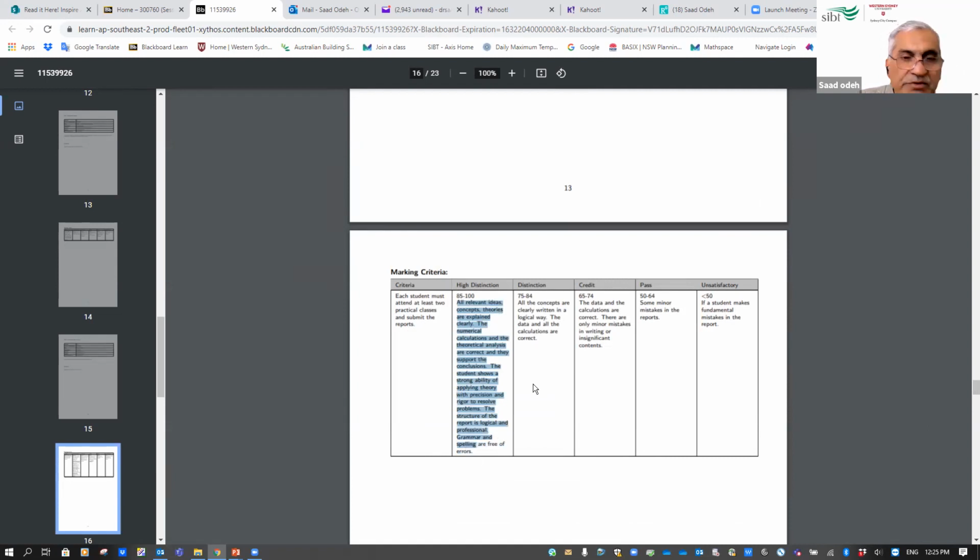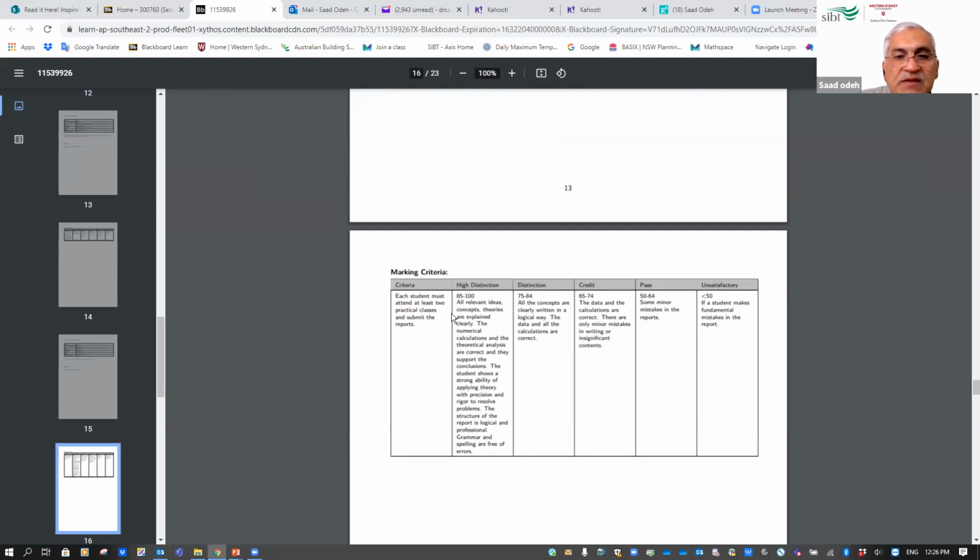So read these to target the high distinction. If you are only doing this with minor mistakes, you get this range of mark. So my recommendation is you focus on the high distinction requirements.